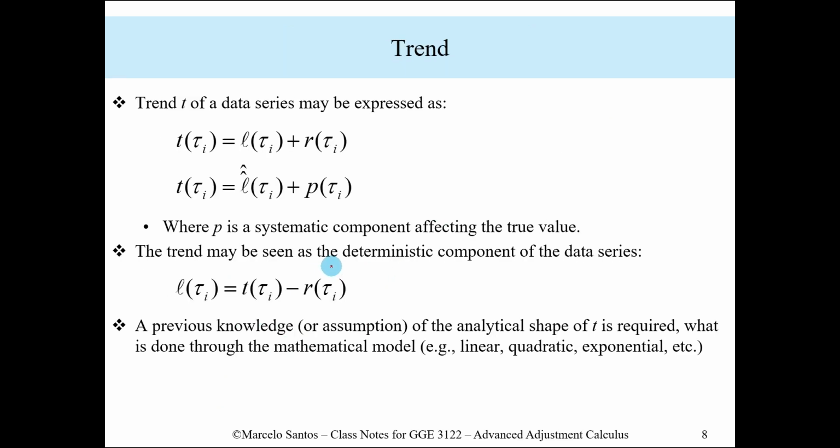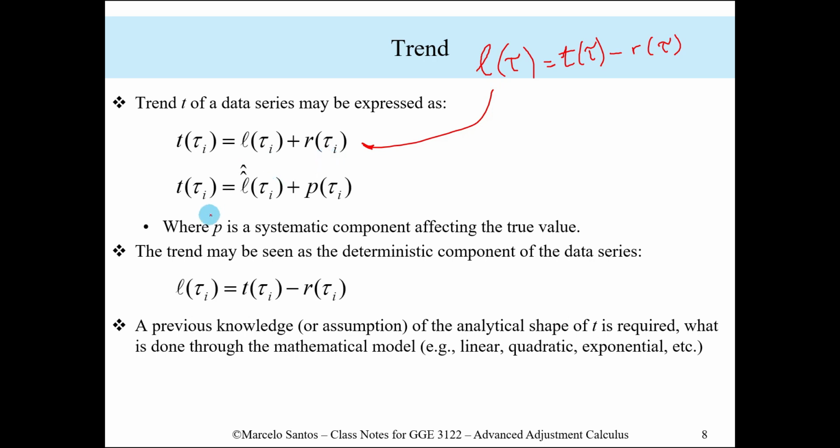So we are rewriting. Here we had before the observation. Let's put it with the argument equal to trend, minus the residual. So from here we can get this expression. This is the trend. The trend is the difference between observation and the residual.